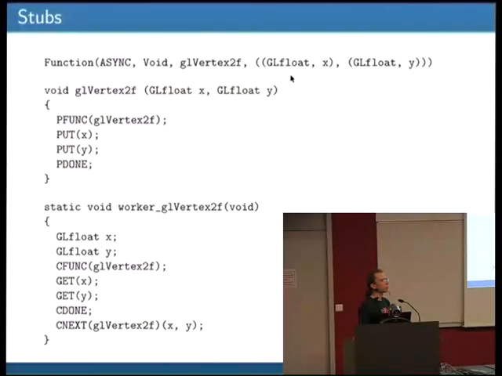Just one of them takes a pointer to the pile of parameters, and the other takes the parameters separate. And like so, all the vertex functions, all the uniforms where there's GL uniform 3F and GL uniform 3FV are decorated like that in our XML. And I did that for this exact kind of case.